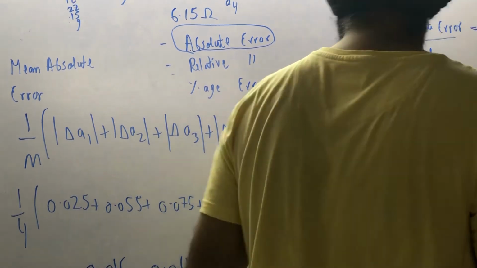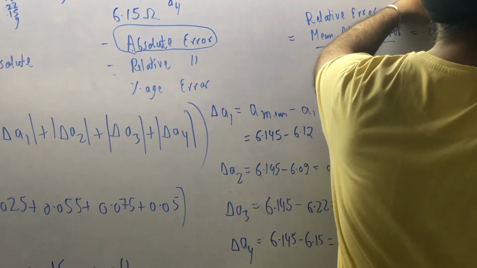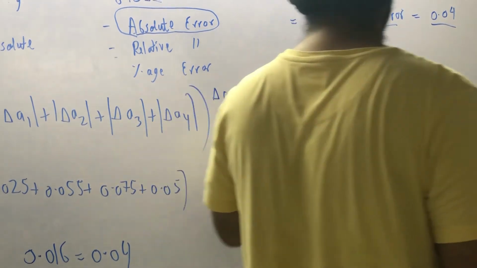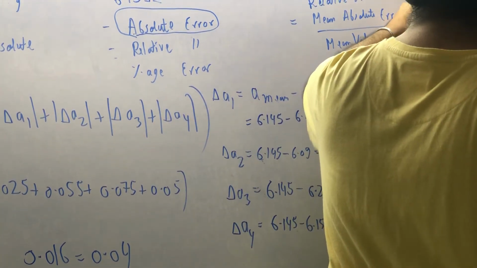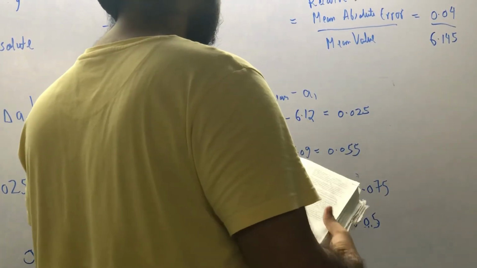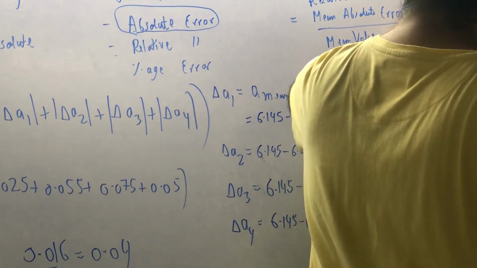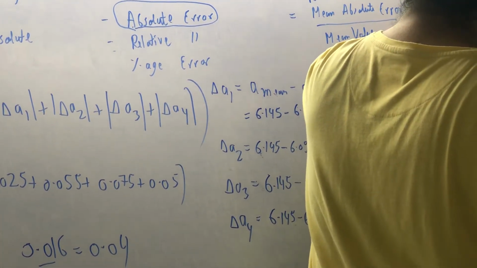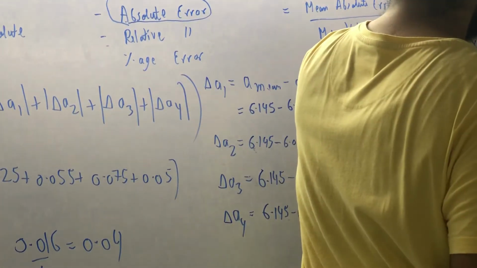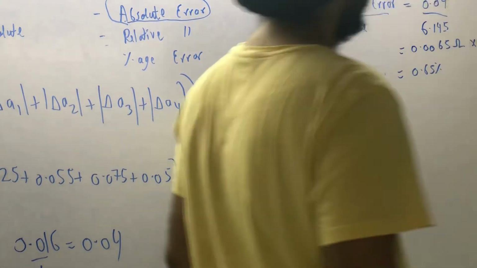This is basically mean absolute error 0.04 divided by 6.145. Okay, so this value is approximately 0.0065. This is the relative error, and if you multiply it by 100, you get 0.65%. So this is the percentage error.